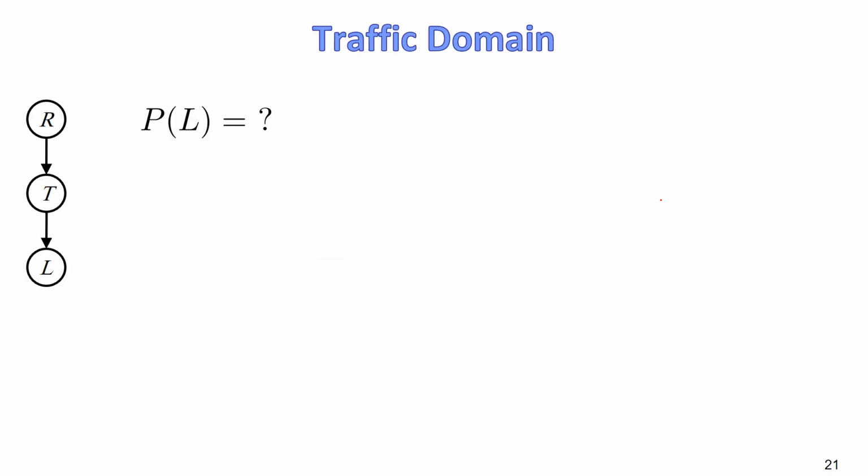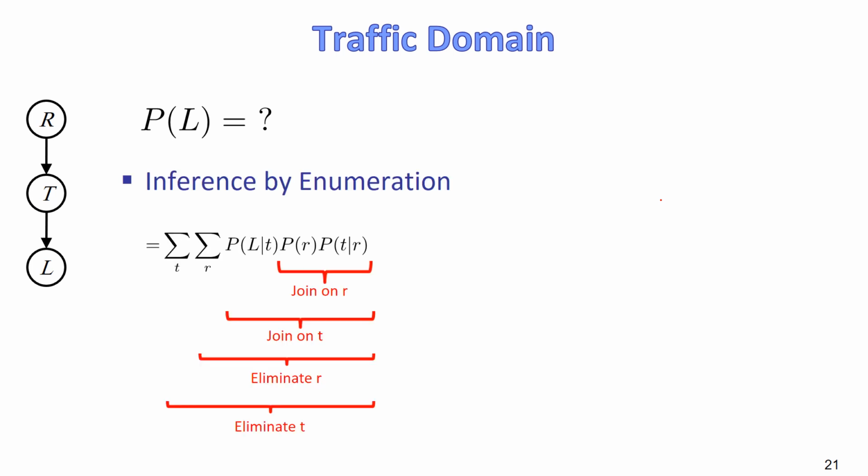Let's go through an example. Back to the example of the raining, traffic, lateness, and let's say that I want to get P of L. Inference by enumeration, as I said, we'll do joins and then elimination. So mathematically, we will do the following.